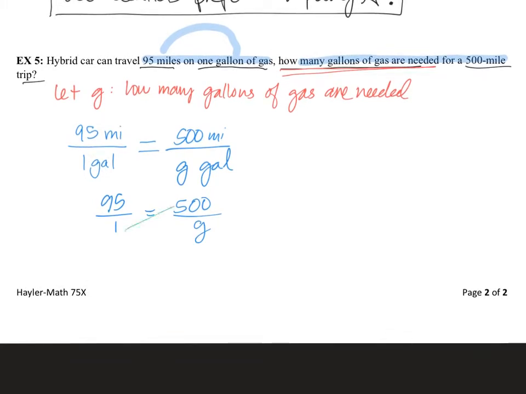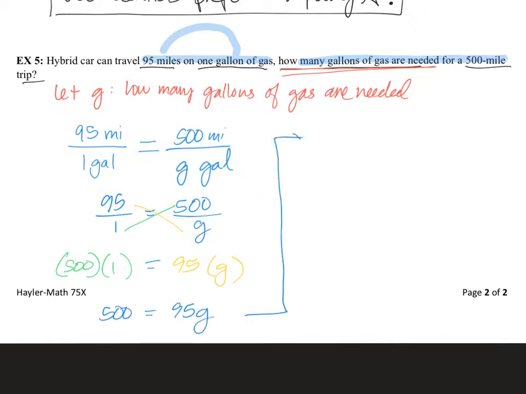Okay, so let's go ahead and solve by cross multiplying. So we have 500 times 95G. Go ahead and continue our work over here.